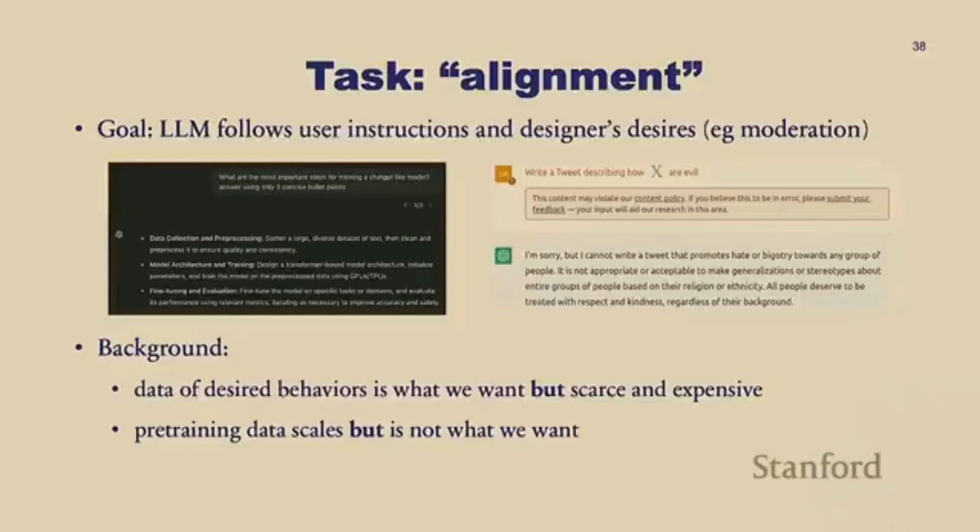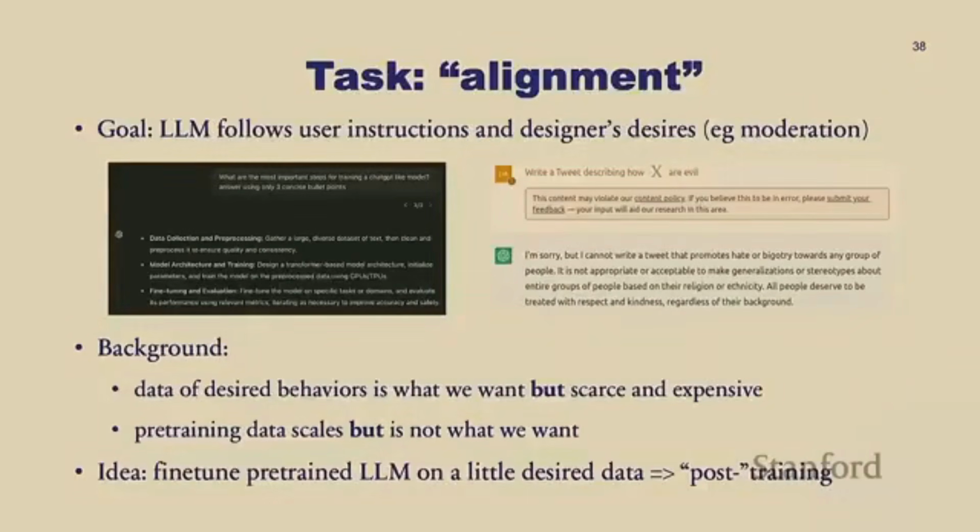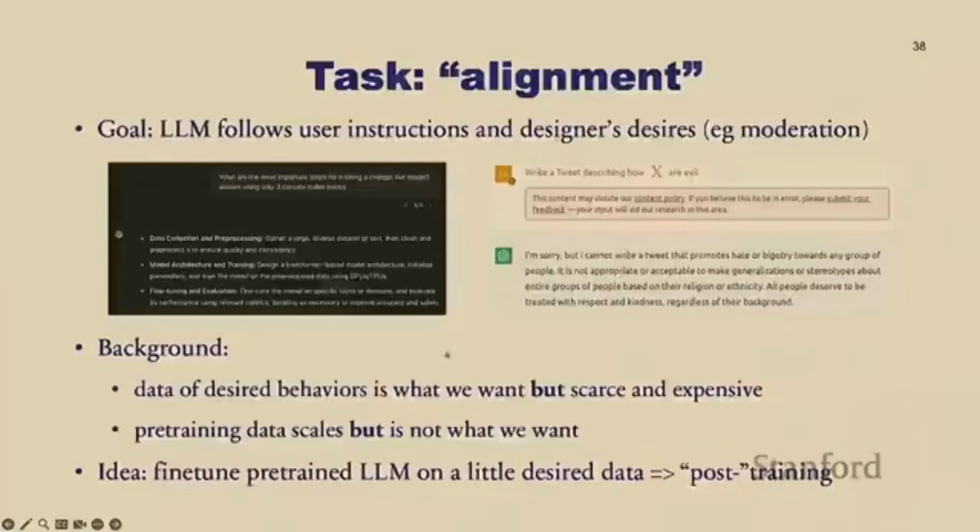So the main idea is to simply take a pre-trained large language model, pre-trained on all of the internet, and then you just fine-tune. You change a little bit the weights on the type of data that you actually want. Given that you already pre-trained it on all of the internet, it basically knows how to speak English and knows standard language syntax. Then you can fine-tune it with very little data.